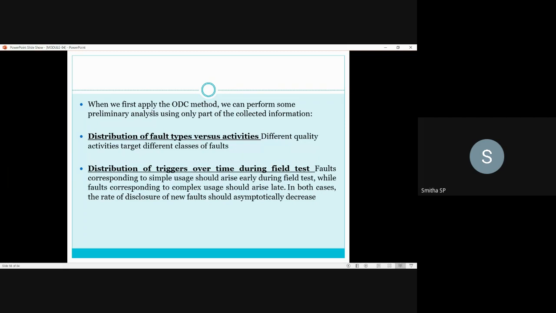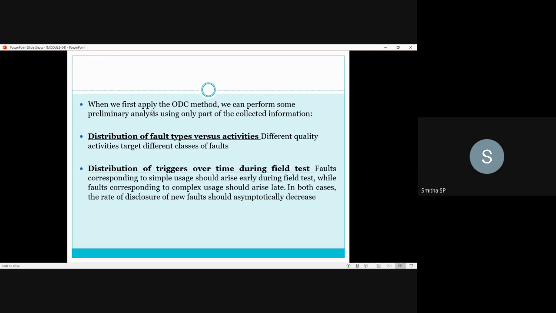The faults which correspond to simple usage should arise early during the field test, while the faults corresponding to complex usage should arise late. In both cases, the rate of disclosure of new faults should asymptotically decrease. Here, it is about the distribution of triggers over time during the field test, when you are classifying the faults.